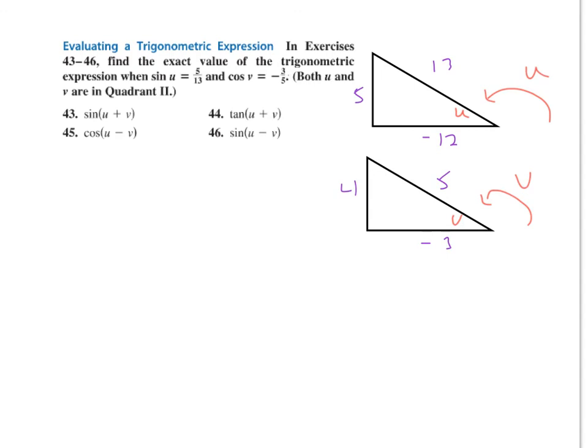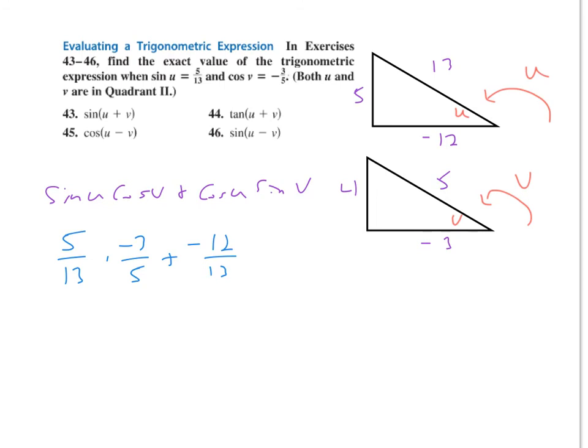In 43, if I want to find sine of u plus v, I know that's sine u cos v plus cos u sine v. So sine u, of course, is 5/13, cos v is negative 3/5, plus cos u is negative 12/13, and sine v is 4/5.